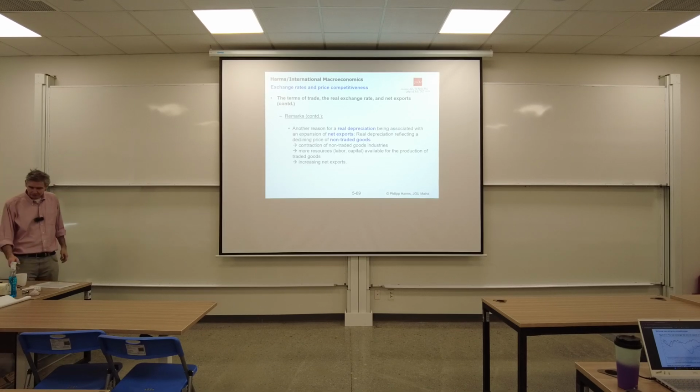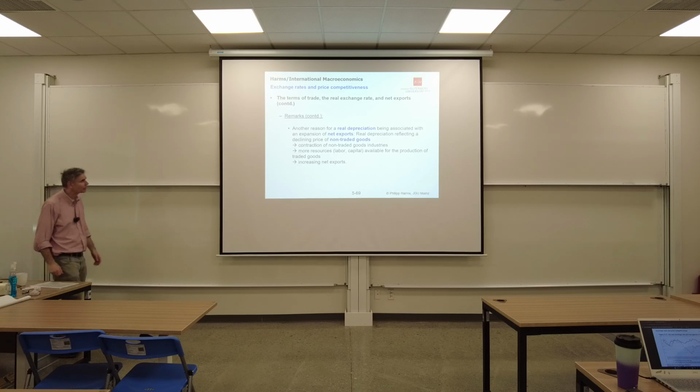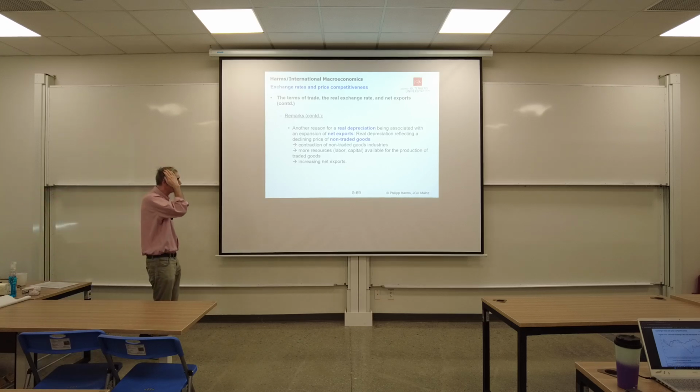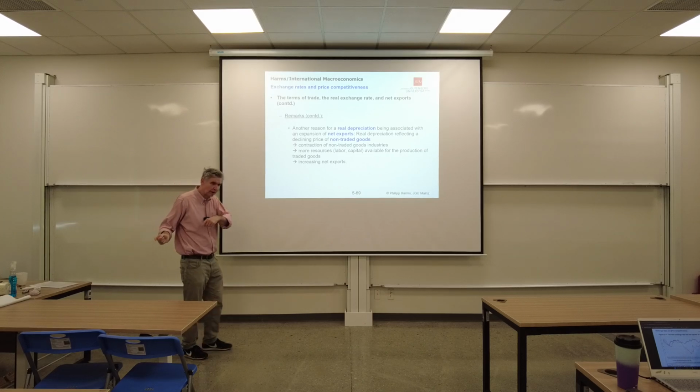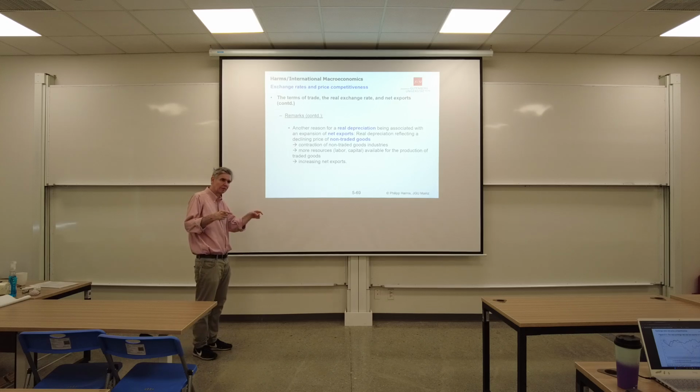Let me continue by saying there's another reason for a real depreciation being associated with an expansion of net exports, which is that a real depreciation may reflect a declining price of non-traded goods. And the declining price of non-traded goods shifts resources out of the non-traded goods industry into the traded goods industry, and this generates additional exports.